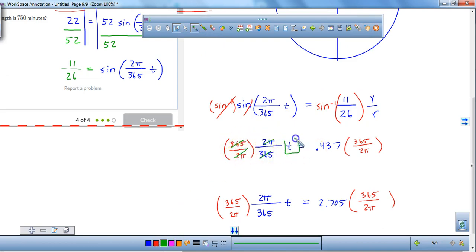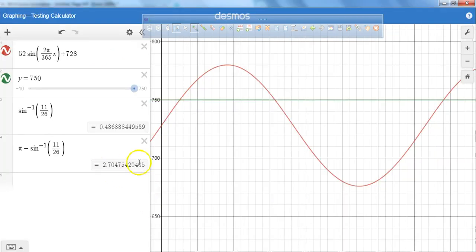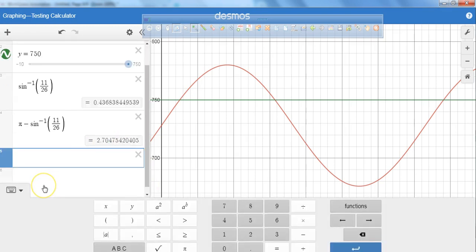And we're left with t. So we're going to type that, find the approximate value right there. And these cancel out to a 1. And we are left with just t, which will be this approximate answer. So I'm going to go ahead and carefully type that into Desmos real quick. All right, so this is our first answer, which is basically 0.437.